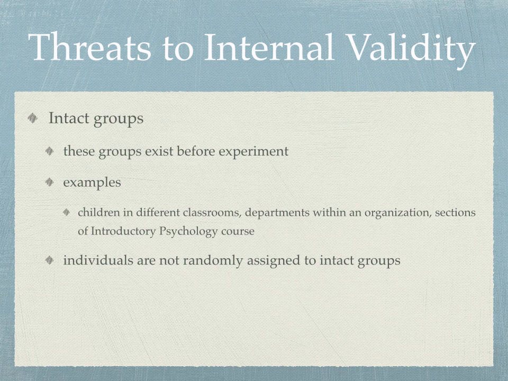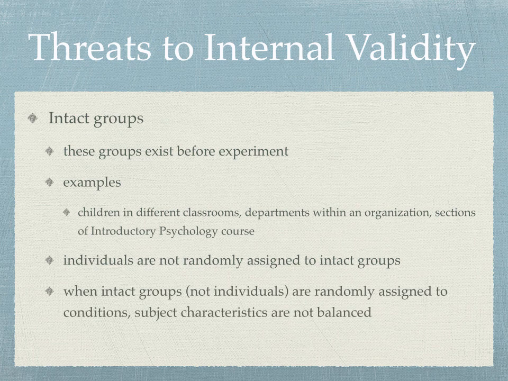But again, because in both situations we lose the ability to randomly assign, we can't say that these groups were essentially equal before we started. Because we don't know, we're not able to control for these individual differences, we can't make these cause and effect judgments. And internal validity has then been diminished greatly.